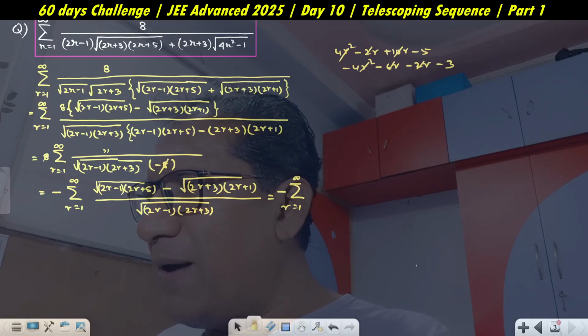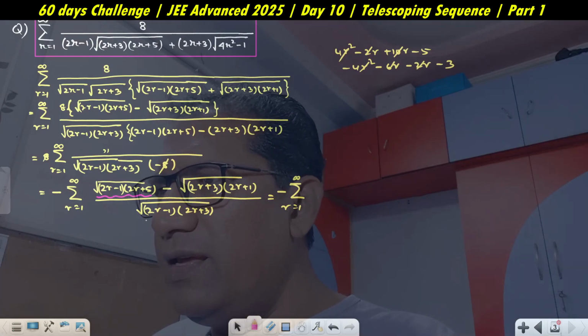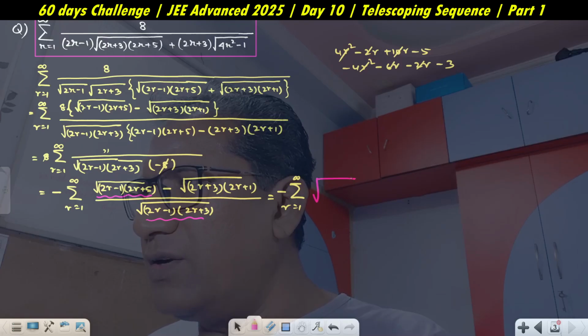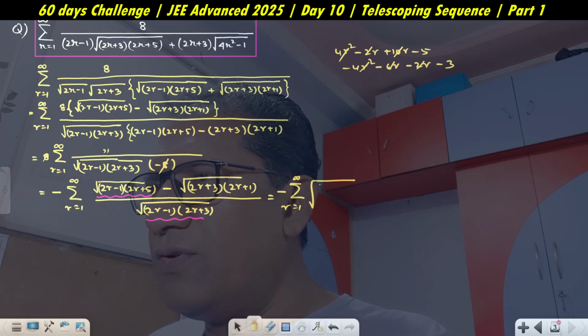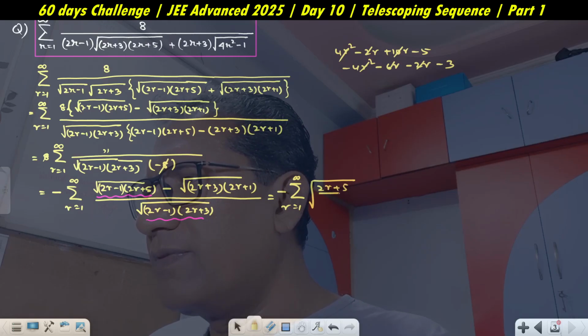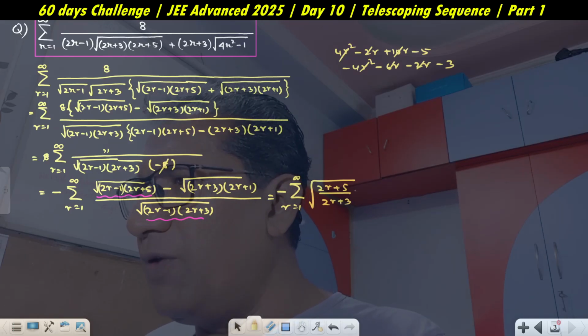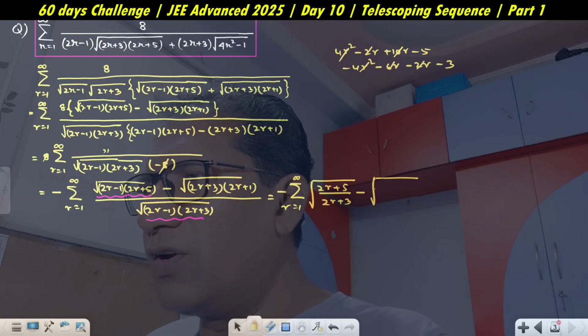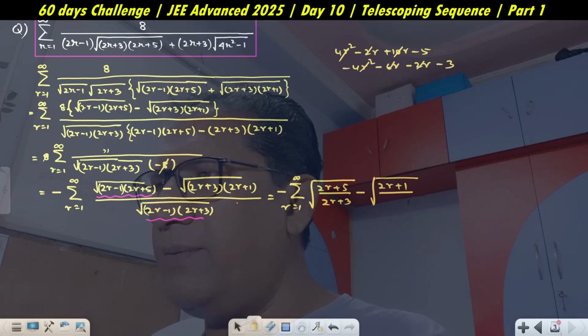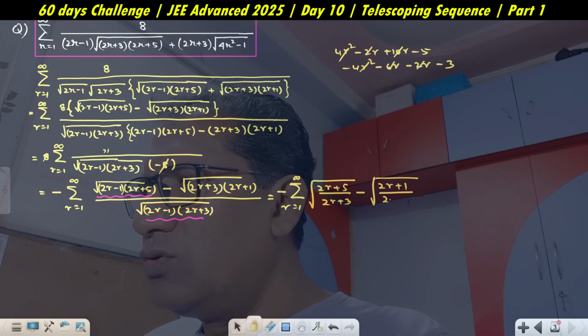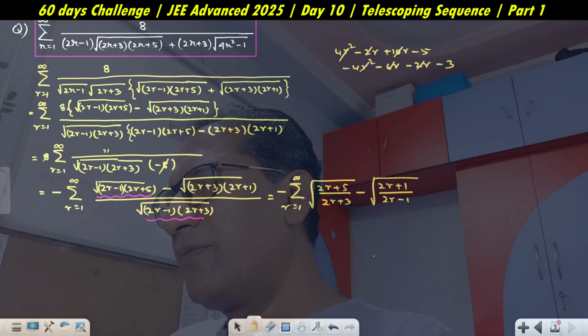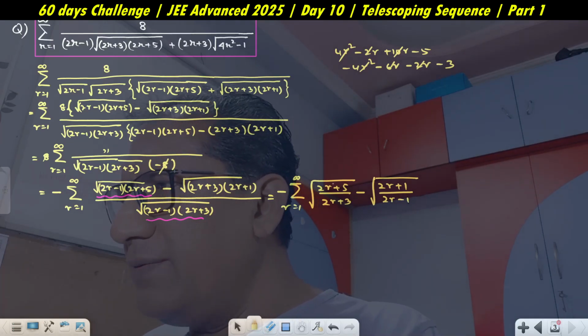When this one is divided by this one, we are left with, let me change the color of the pen, this one will be root over of 2r plus 5 divided by 2r plus 3. And for the second one, it will be root over of, 2r plus 3 will go off, so it is 2r plus 1 divided by 2r minus 1. Okay.